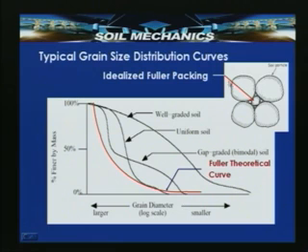Suppose this type of Fuller packing exists in nature, then the grain size distribution will be something like this. This is called the Fuller theoretical curve. So, what we have seen is that different types of soil combination are possible, like well graded, uniformly graded or gap graded.